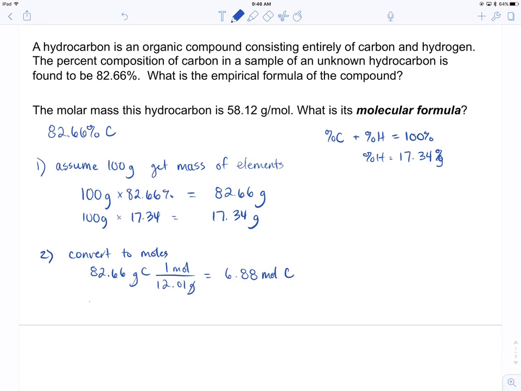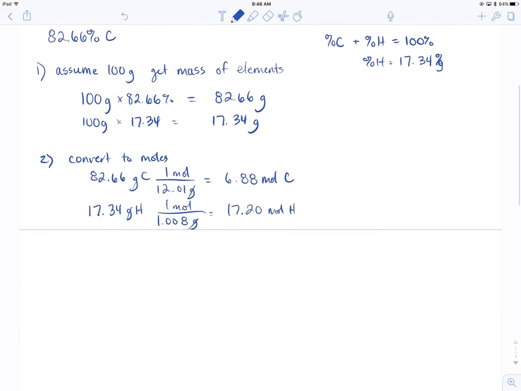And then for hydrogen, 17.34 grams of hydrogen divided by 1.008 grams per 1 mole. This comes out to be 17.20 moles of hydrogen. All right. Step 3 is to determine the mole ratio.